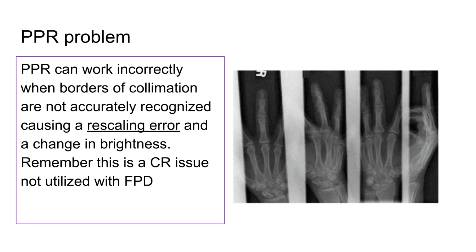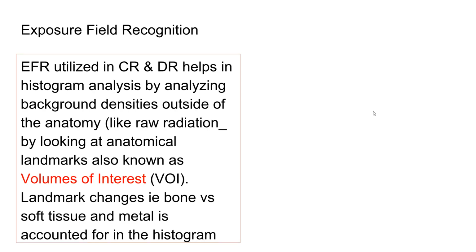So that would be bad communication at that point. So rescaling, again, is changing the scale of contrast that your image would have with what the computer thinks is optimal. Right? Sometimes it doesn't work if it can't figure out the borders of collimation.